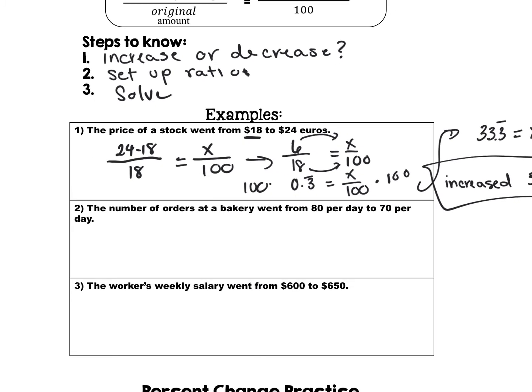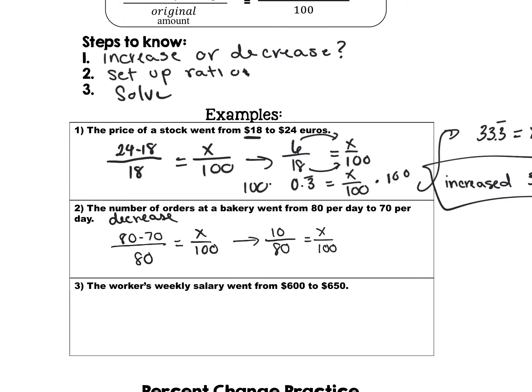The number of orders at a bakery went from 80 per day to 70 per day. Now this time we have a decrease. And so we're going to say 80 minus 70 over the original amount of 80 equals x over 100. 80 minus 70 is 10 over 80 equals x over 100.